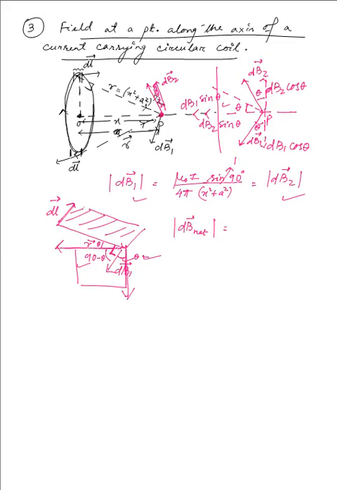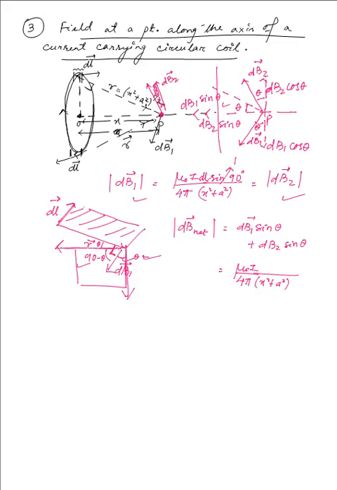So the net magnetic field here will be dB1 sine theta plus dB2 sine theta, and as you know, we have the values of dB1 and dB2, and I forgot the dl over here. So mu naught I divided by 4 pi x squared plus a squared, that's all right.